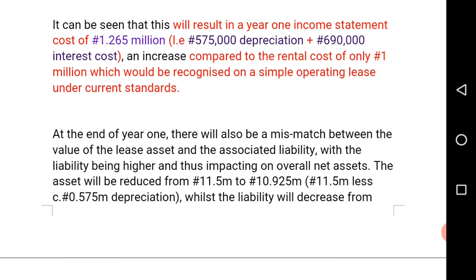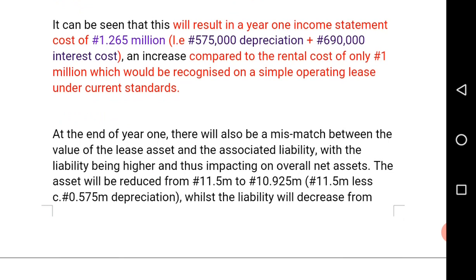How did we get this? We did 11.5 million naira less the depreciation of 575,000 naira. So remember, you capitalize the 11.5 million naira, then you less the yearly depreciation for year one.